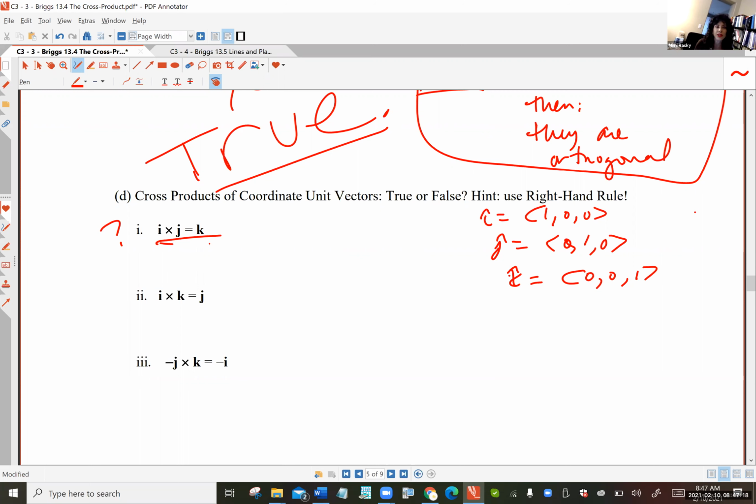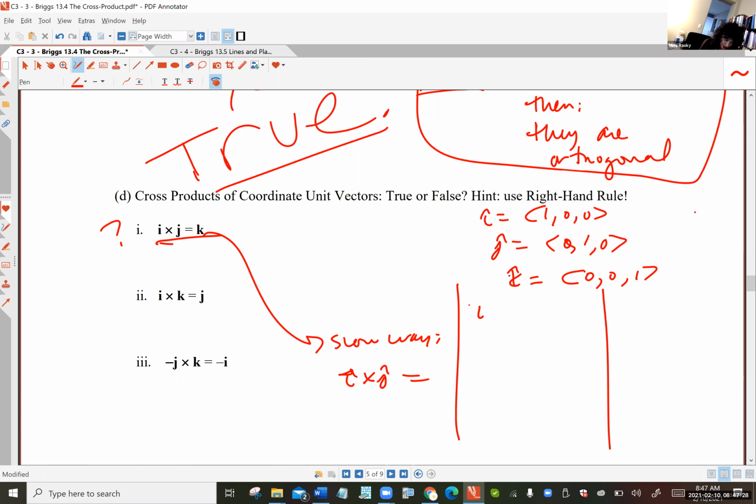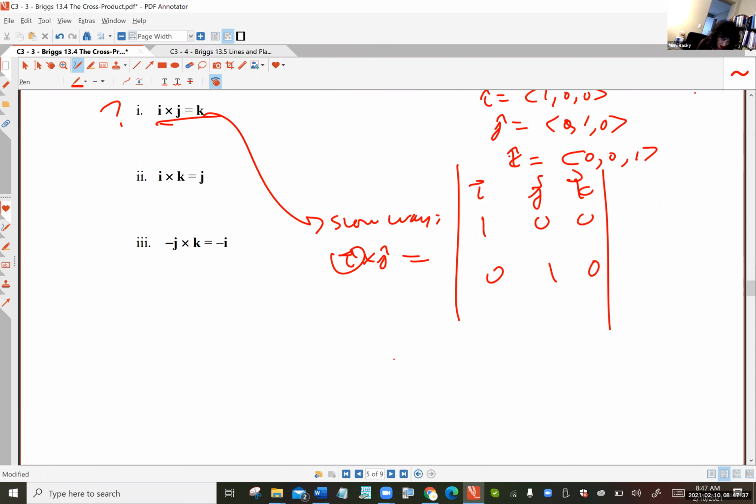Now, folks, you could do this the slow way. Well, okay, i cross j. First, you do the 3 by 3 determinant. You actually put i, j, k across the top. Then i goes in the second row, and j goes in the third row. Then it's i hat minus j hat plus k hat.